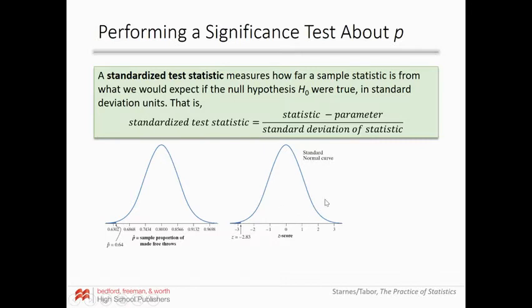It's what we use our table from, and it has a mean of 0 and a standard deviation of 1. And so it's how we can compare any p hat and p and standard deviation back to the normal curve. We've basically taken that p hat and turned it into a z-score, a value that would have been found on the standard normal curve.